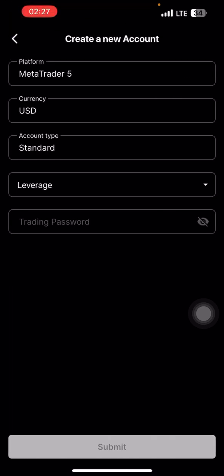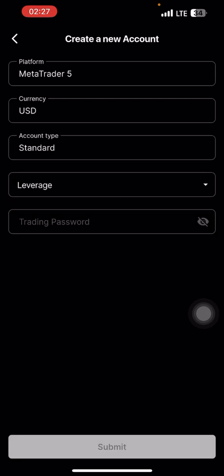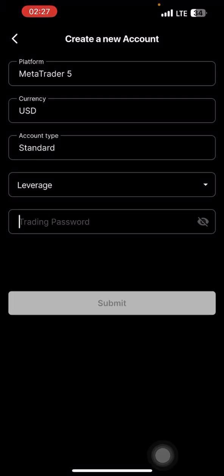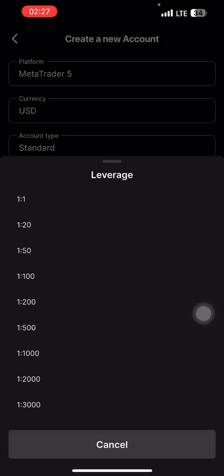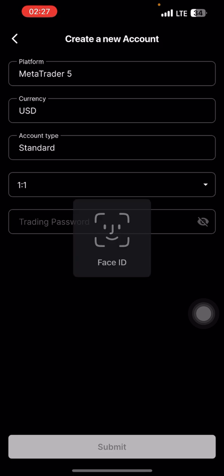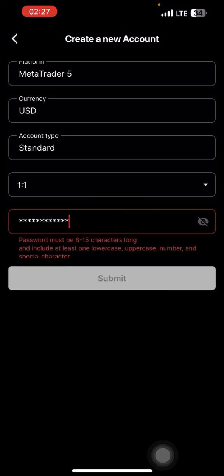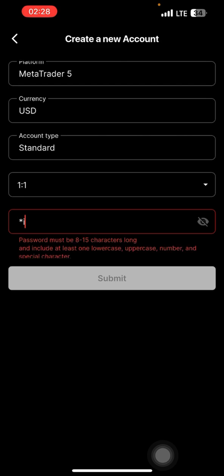Here you create your account and set your leverage, let's say 1:1, and after that your trading password. I'm not sure I've created a trading password yet, but let me try.